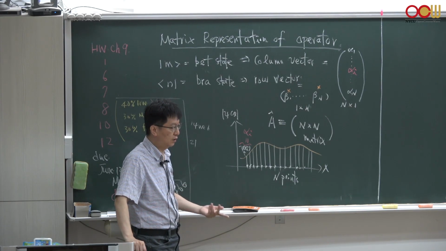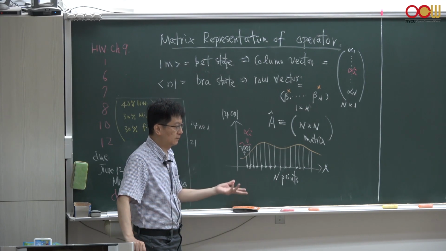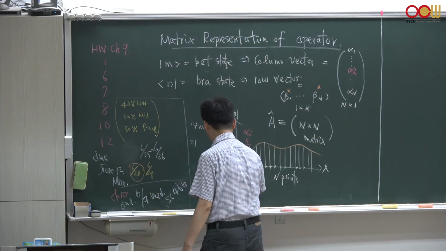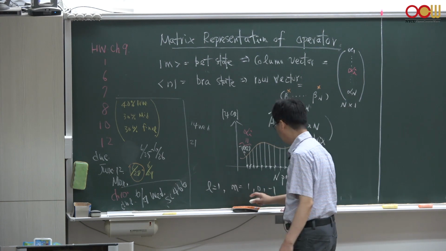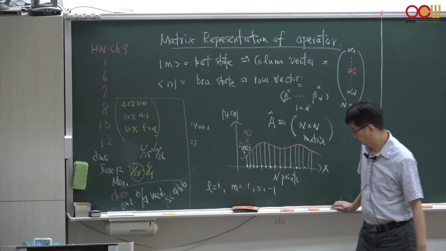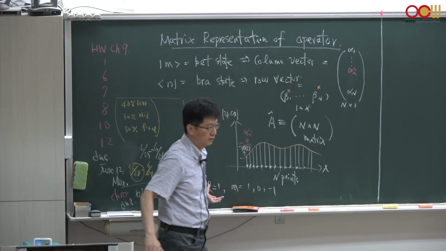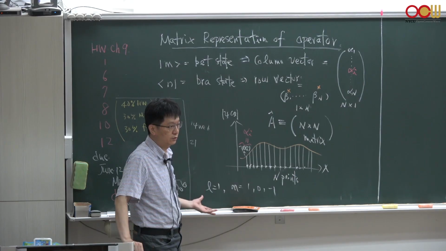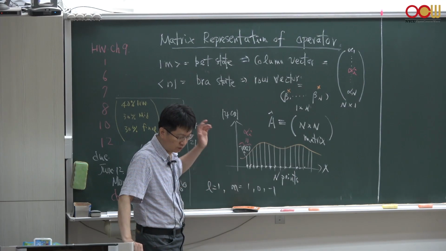Suppose L equals 1, and we have, say, 3 quantum numbers, m equals 1, 0, or minus 1. So then you could expand all these eigenstates of the angular momentum operator, say Lz, in terms of the 3 by 3 matrix. Okay, so this is what we will do.